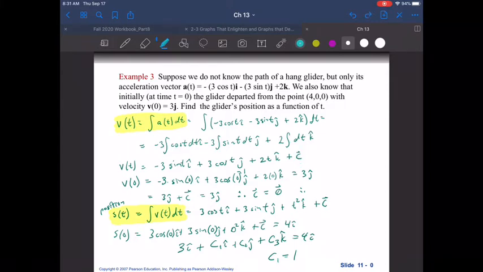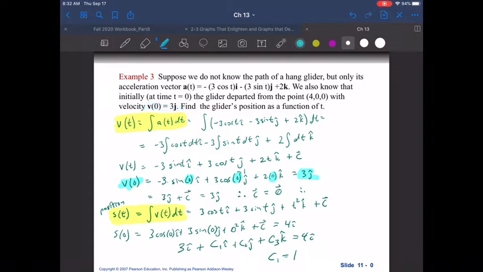Now we have to figure out what that constant vector is. So we use the initial condition that's given to us, that the velocity at time t equals 0 is 3 in the j direction. And so I plug that in. Velocity at time t equals 0, and then I just plug in zeros for each one of these. 0, 0, 0, and it has to equal that 3j from up here, right?